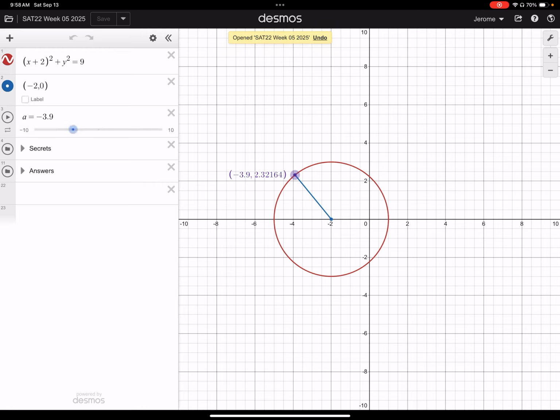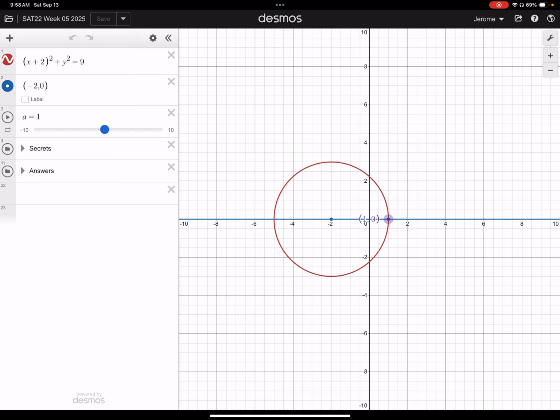All right, so I put some extra stuff in this little graph here for us, just so that you can see a couple of cool features. In the little secrets tab here, I set this up so that I can have a radius and move this little point around, so I can see a point on my circle move around, and it actually gives me the coordinate of one of the points.